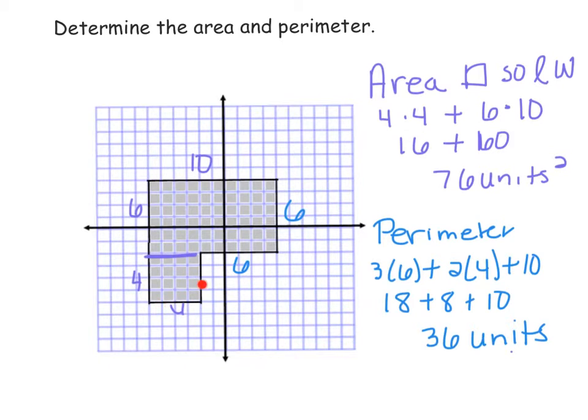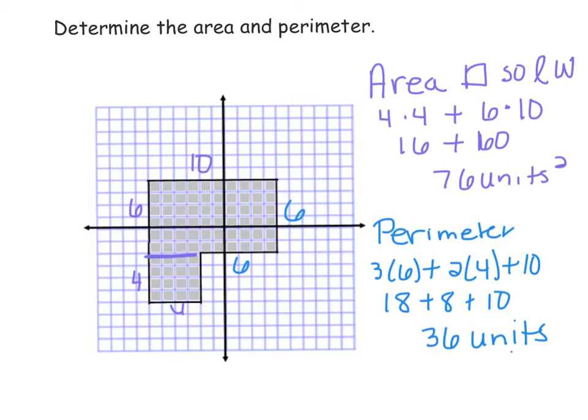So I did this little guy right here first, 4 by 4, so that was 16, and I added to it this big guy up here, 6 times 10, which is 60, added those together. Now notice that if you are looking at my work, you see my thought process. This is how I want you to write your work. These numbers might be different, but this answer should still be the same, unless I did a calculation error.